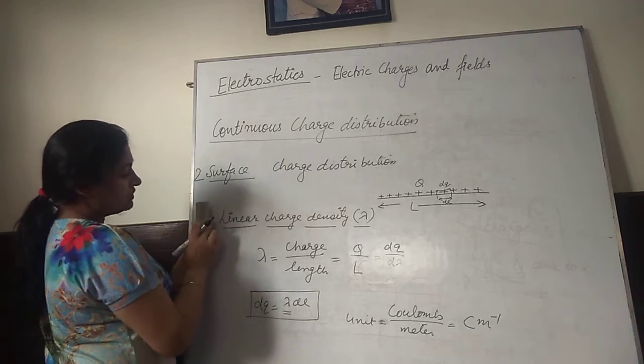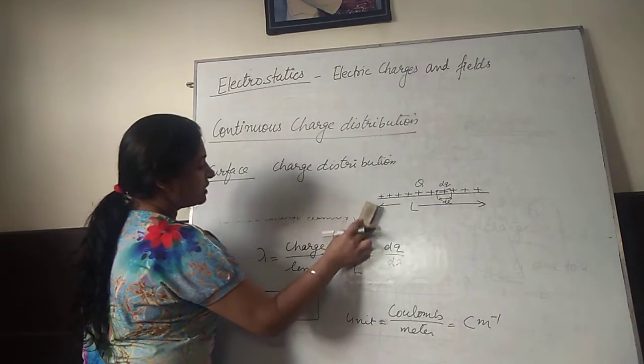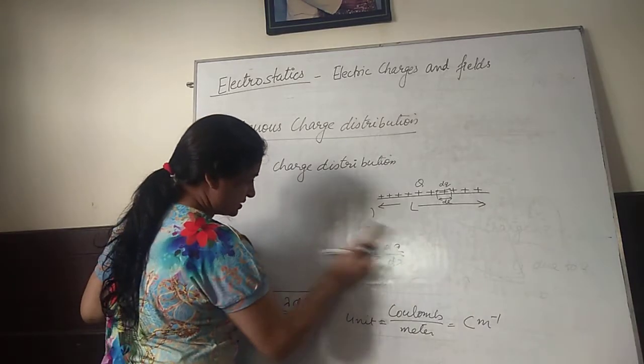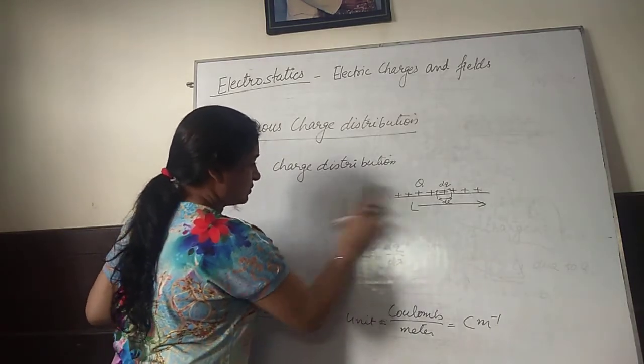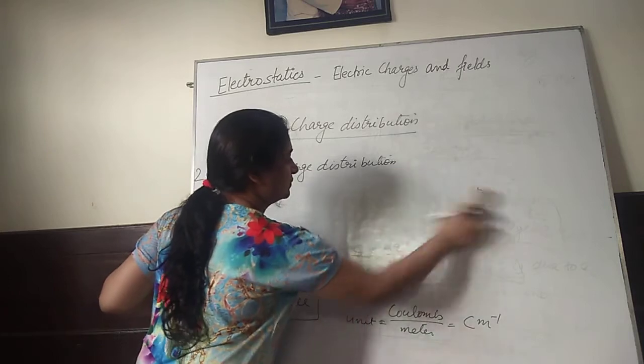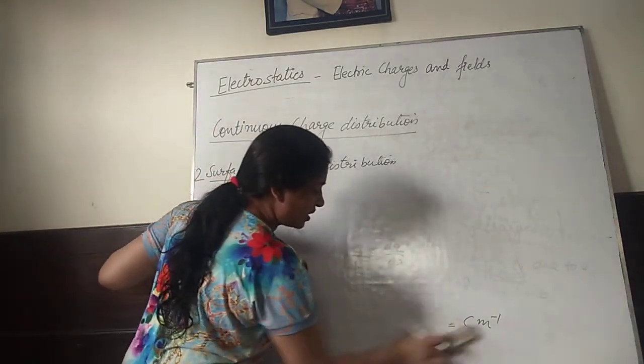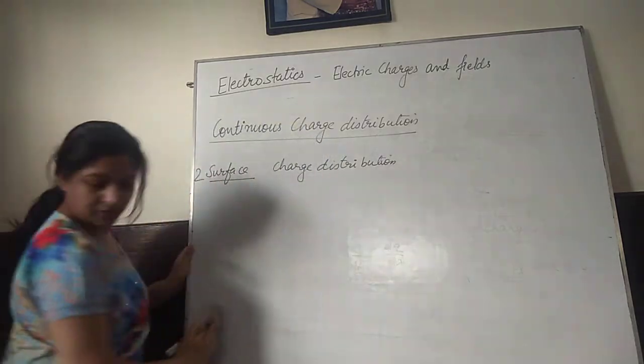As the name indicates, when the charge is distributed on some area, that type of distribution is called surface charge distribution.